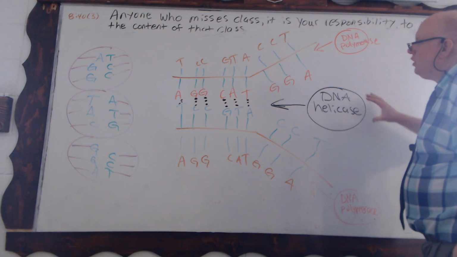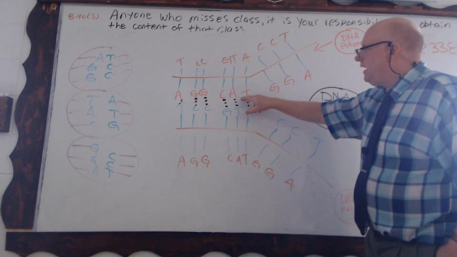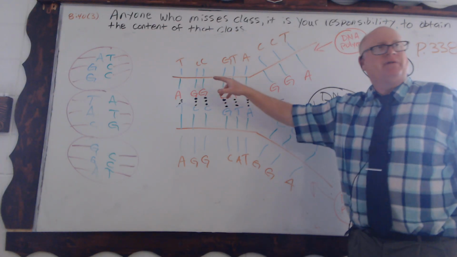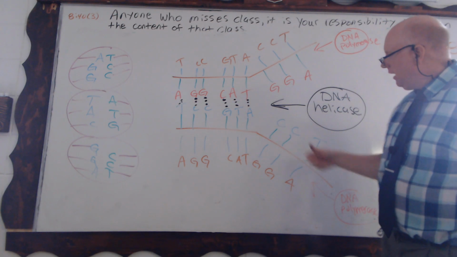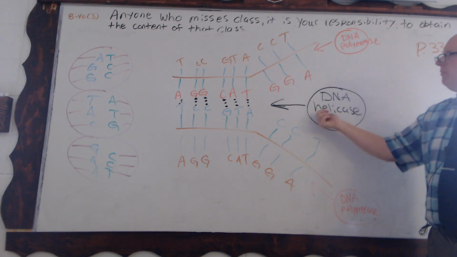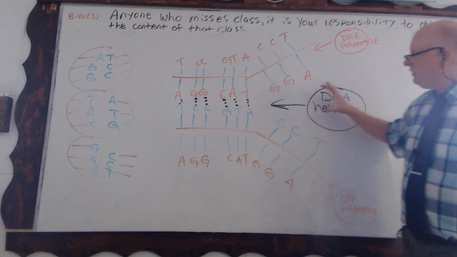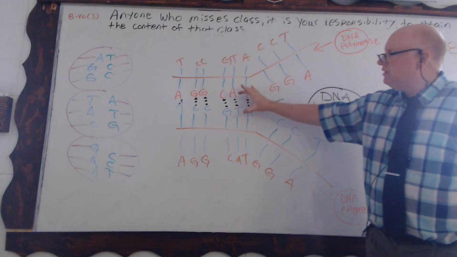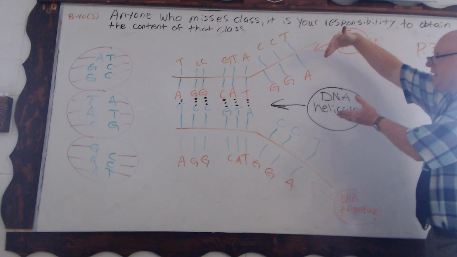Okay? So once these bonds have been broken, what were these three dots? What did we say that they were? It starts with an H. Nope, I mean, that does too, but these are hydrogen bonds in here. This DNA helicase breaks these apart, and now you see this fork opening up.